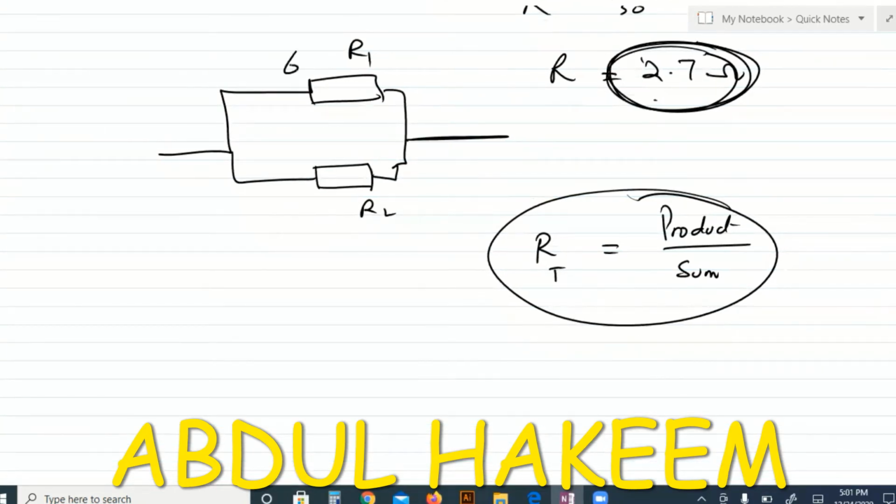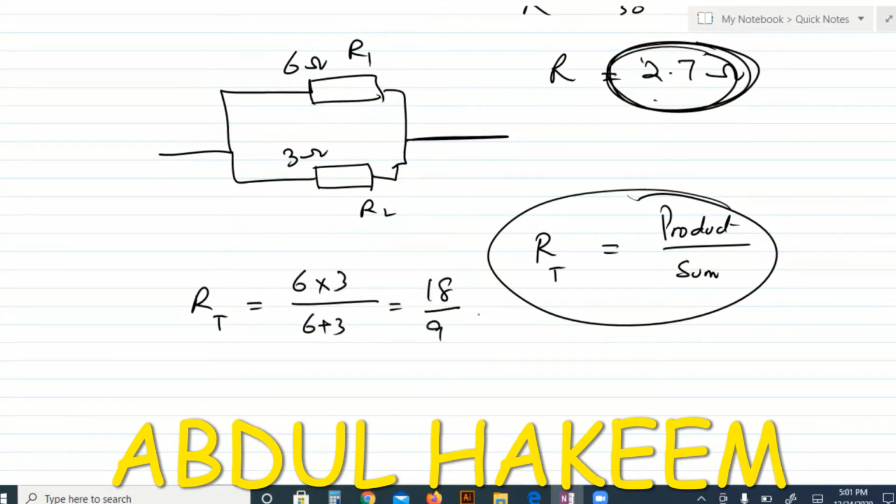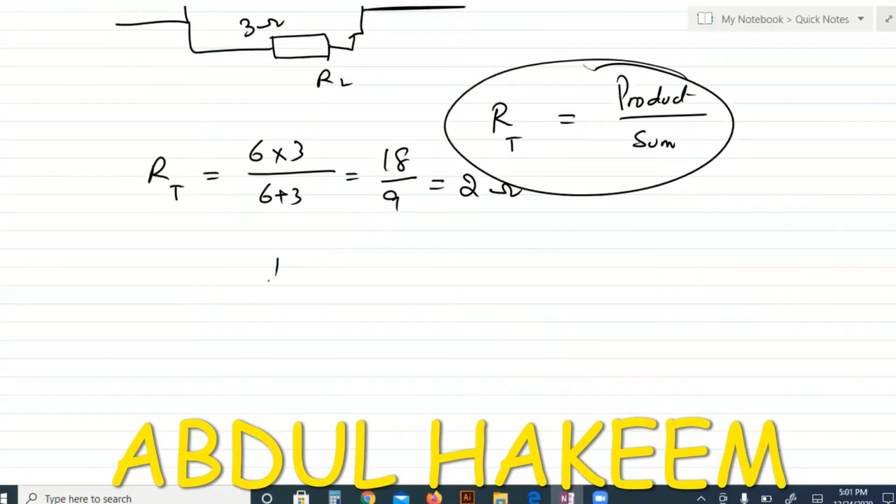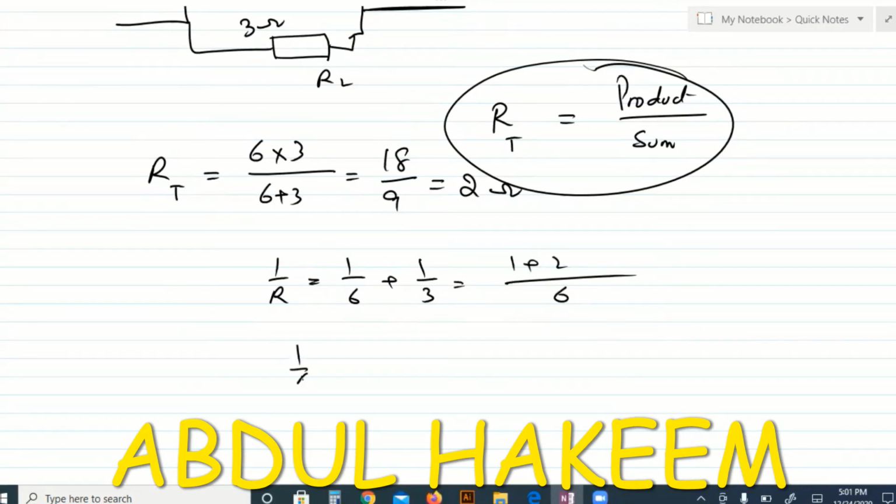Suppose this is 6 ohm, this is 3 ohm, then the total resistance will be product divided by sum. So 18 divided by 9, 2 ohm. When this is calculated by the general formula, 1 over 6, 1 over 3, LCM is 6, 1 plus 2, so 1 over R is 3 by 6, so R is equal to 6 by 3, and same answer.